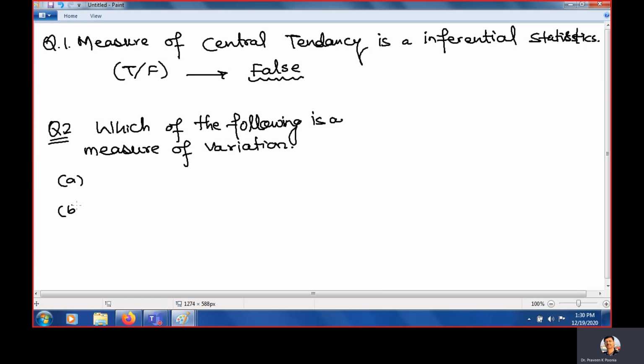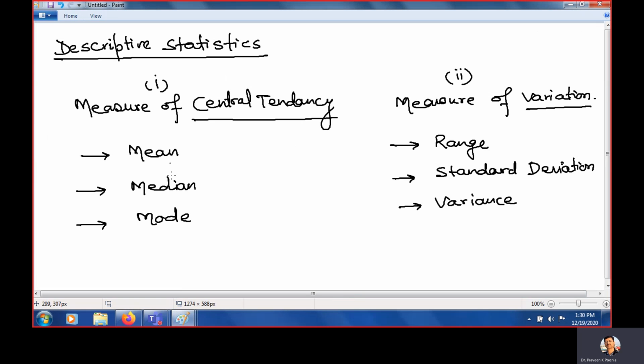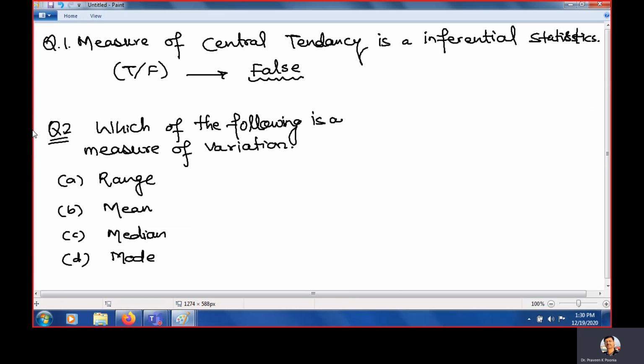Option A, B, C, and D. It is range, it is mean, it is median, it is mode. There are four options. Clear? So if you see the previous slide, mean, median, mode are central tendency, not variation. Range, standard deviation is the variation. So option A is the right answer.